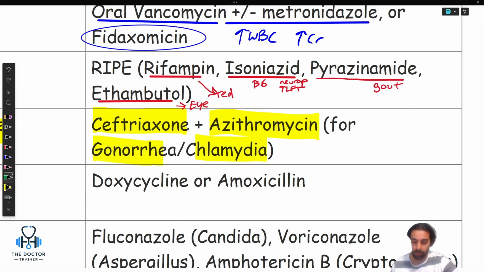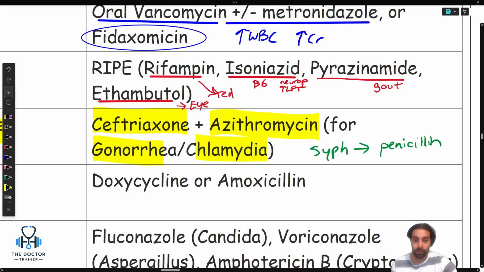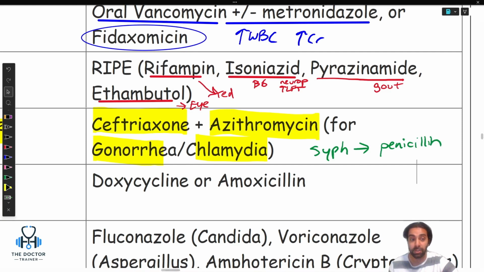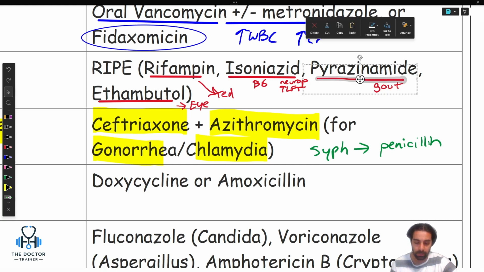If they are syphilis positive, for syphilis, you can do penicillin. So IM penicillin. And that should be good for those patients. Just remember that syphilis has its own constellation of symptoms. So if you're talking about tertiary syphilis, you can get neurologic findings. So just be mindful of how to evaluate for those patients.